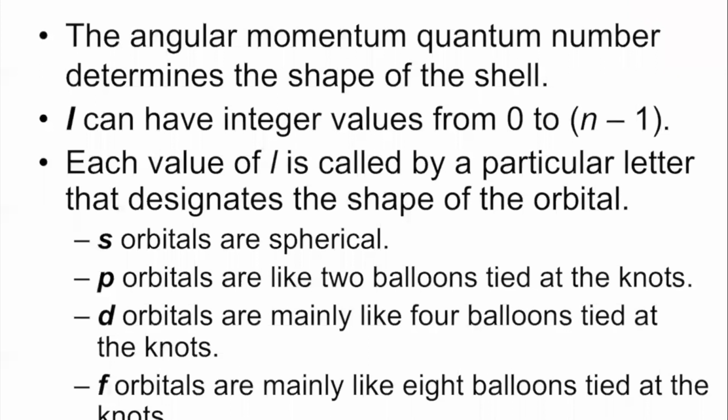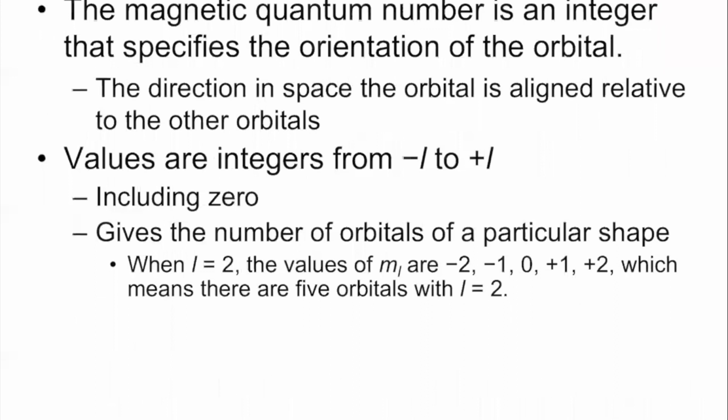Each orbital is going to be described by the n integer, the l integer, and the m sub l integer. Okay, so the m sub l is the magnetic quantum number. It is the integer that specifies the orientation. So remember that n dictates the size and how much energy.